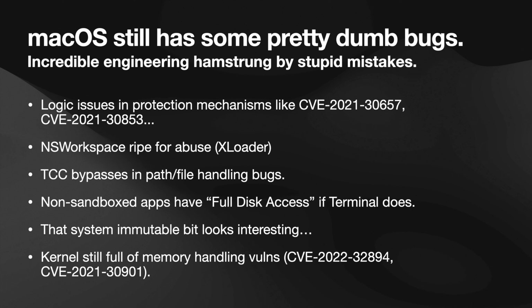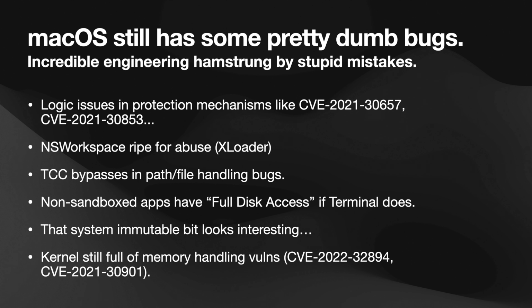This can be really useful because you can establish persistence and then protect all of your malicious files by setting the system immutable bit, and then just trash the sudoers file so they can't invoke sudo anymore. And the only way to remove you is A, reinstall macOS, or B, boot into single user mode and try to fix it.